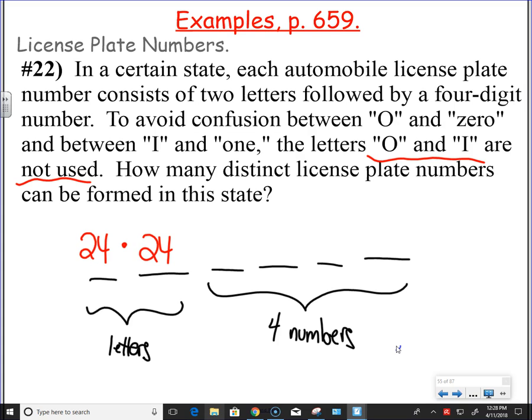Good. So 1 through 9, there's 9, but 0 is also an option. So there are 10 different options, 0 through 9. Well, wait a minute. They didn't say I couldn't use 0 or 1. They just said don't use O and I. So how many options are there for the rest of the digits? Didn't say they can't be repeated. So I'm going to end up with 24 times 24 times 10 times 10 times 10 times 10.